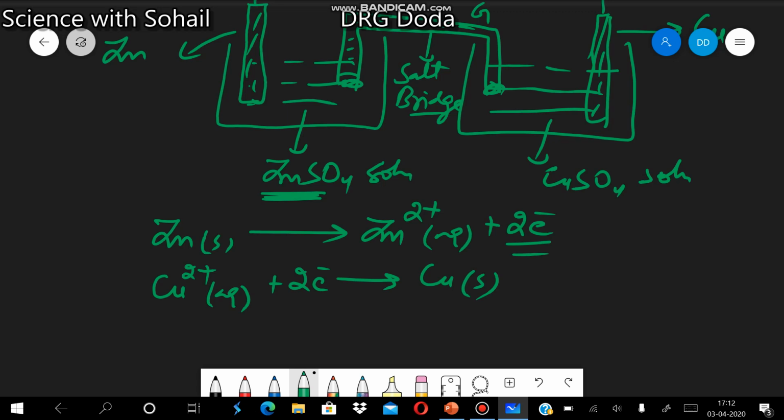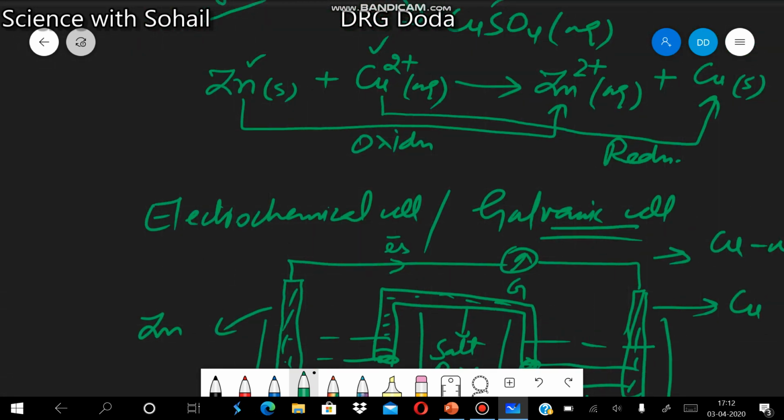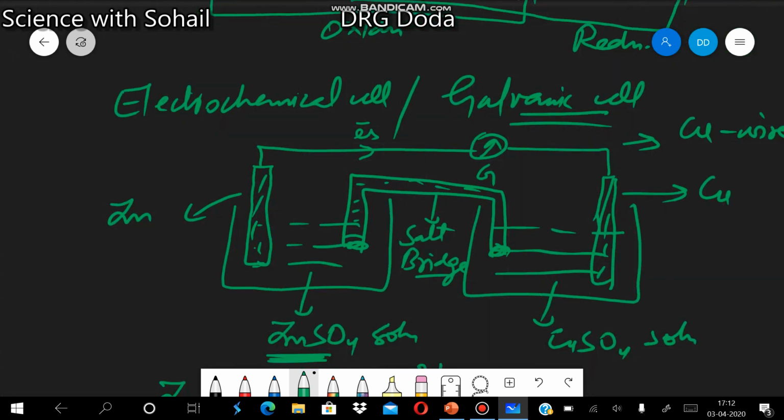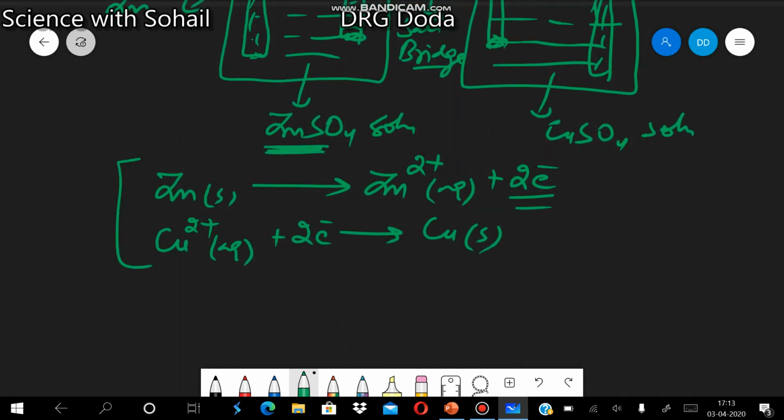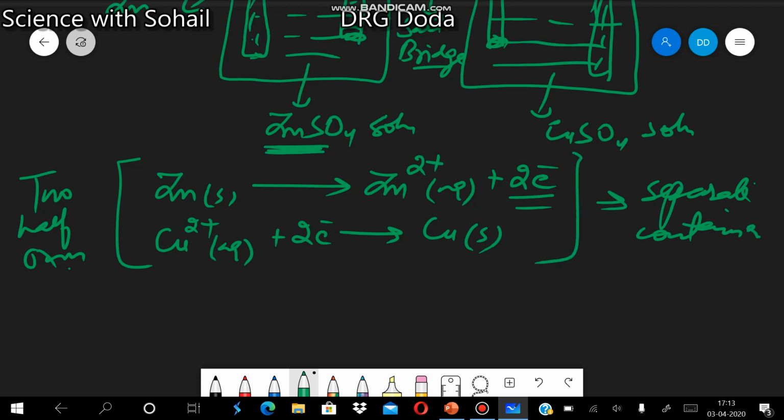In this case, the same reaction is taking place as we discussed in the above example. In case of direct redox reaction, जो example हम discuss कर रहे थे, same reaction is taking place, but the two half reactions are taking place in separate containers. और चूंकि electrons flow कर रहे हैं through a wire, therefore electric current is produced.